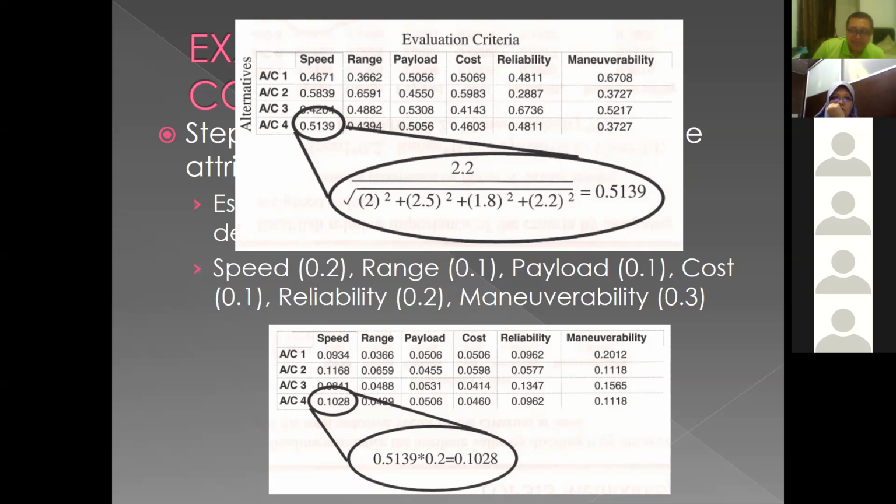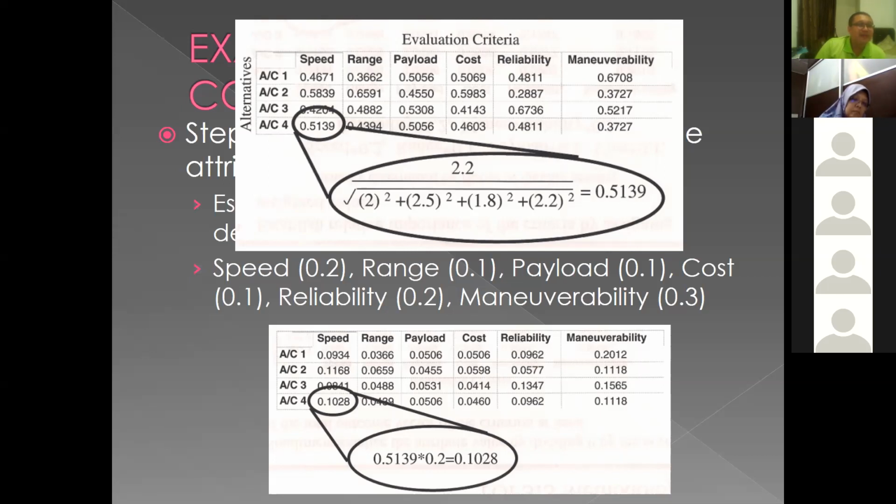So from the result of QFD down below, you can decide what weightage value is suitable to represent your criteria, your item.